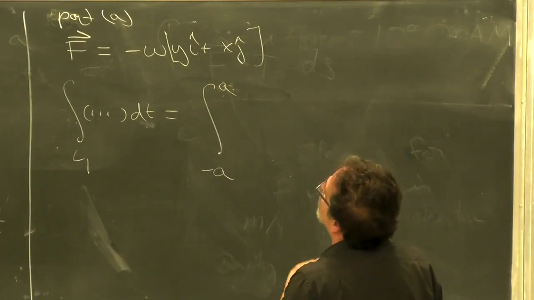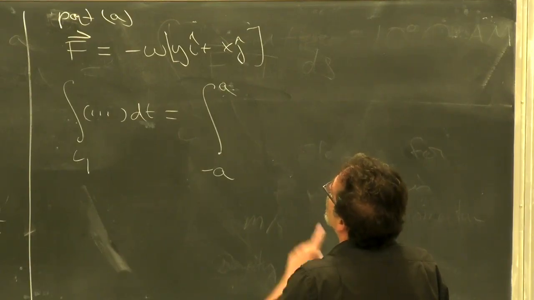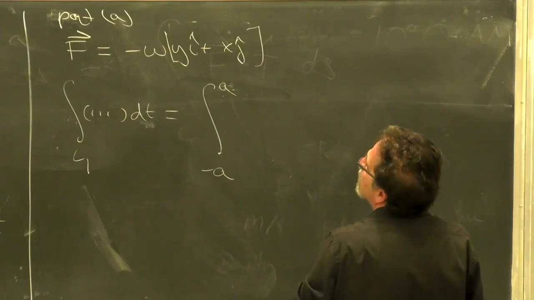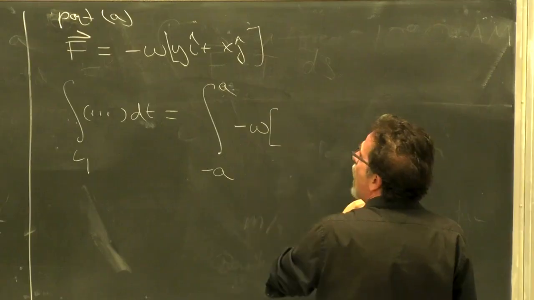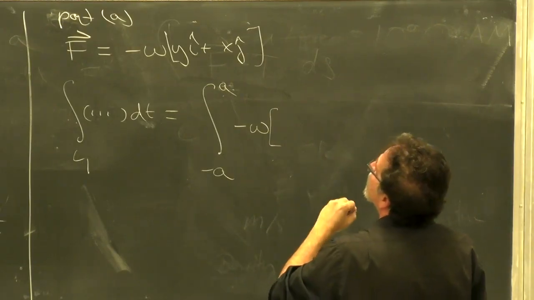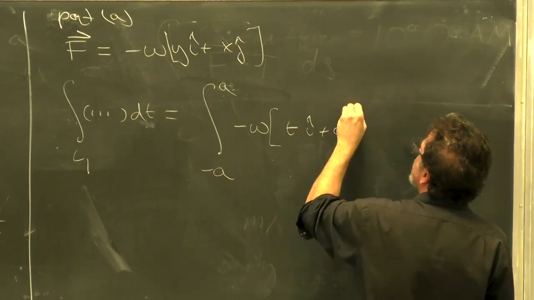So I have to evaluate F along line 1. And the point is, along line 1, y is equal to t, and x is equal to a. So F of r of t is negative omega y, which is t, i hat, and x is equal to a, j hat.